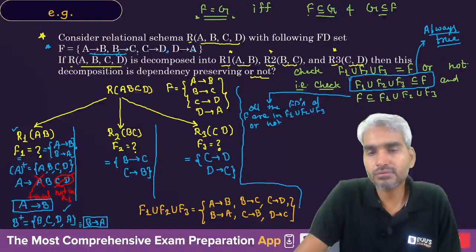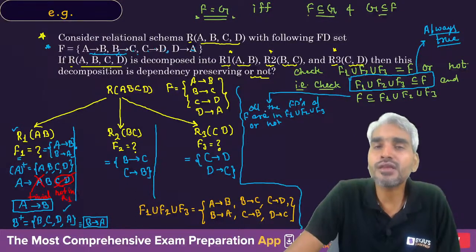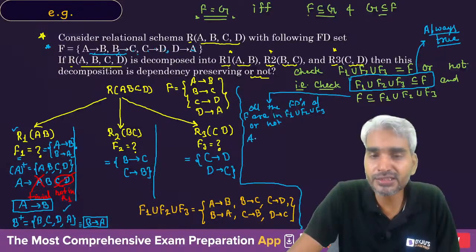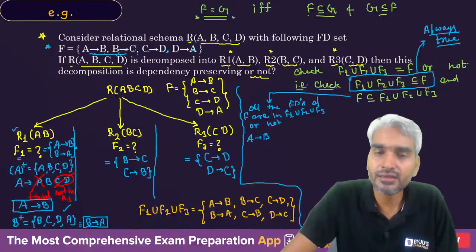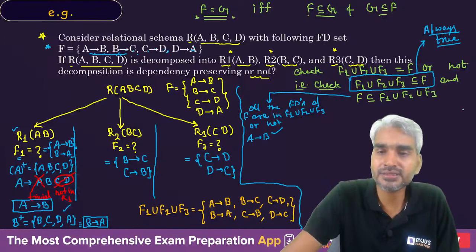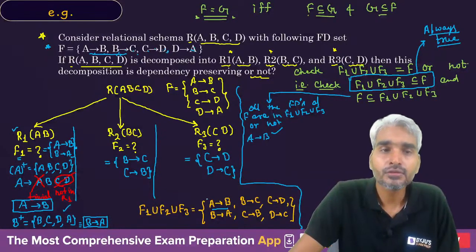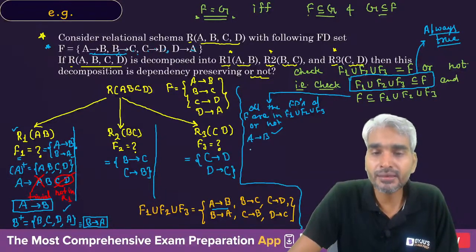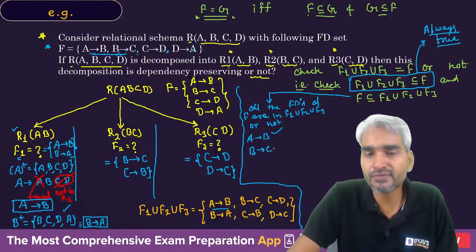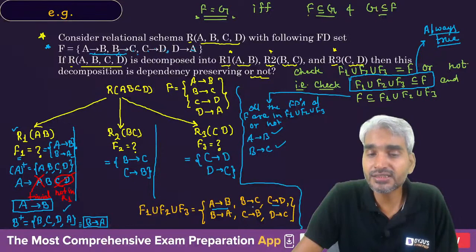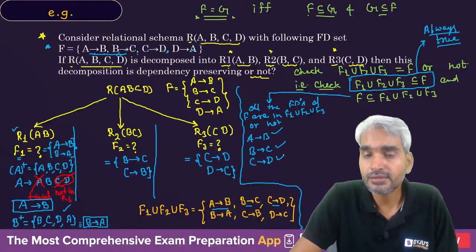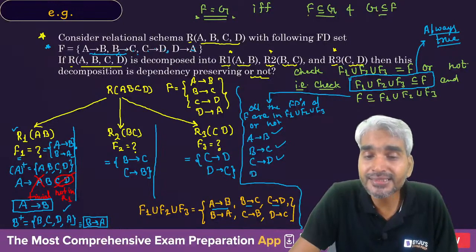So what did we learn? Let's check for the FDs of F. A implies B: is it present in F1 union F2 union F3? Yes, it is directly present. What about B implies C? Also present. C implies D? Also present. What about D implies A?